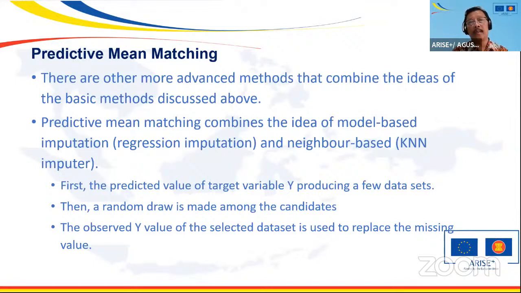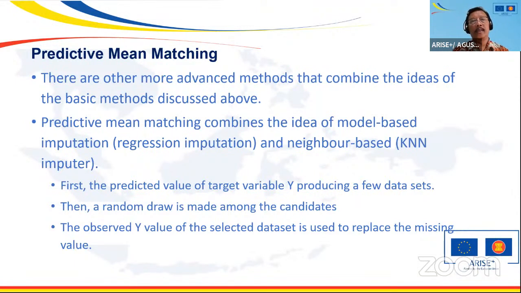So we may run a few regressions, maybe 3, maybe 4, maybe 5. But then from these 5 regressions, we randomly take a value to replace the missingness.